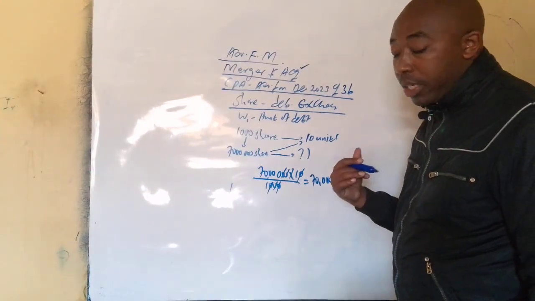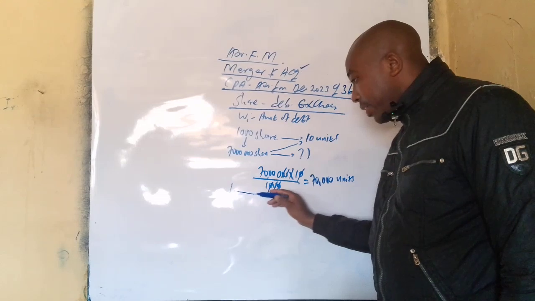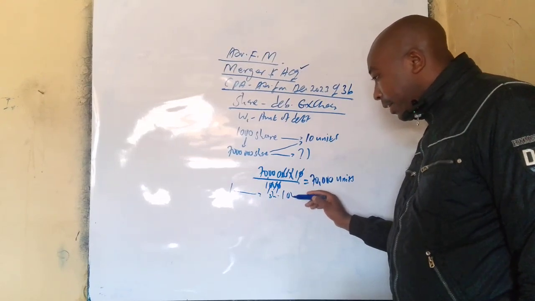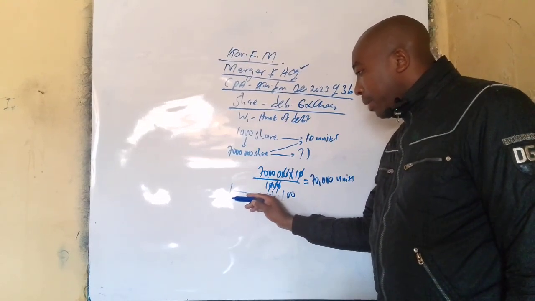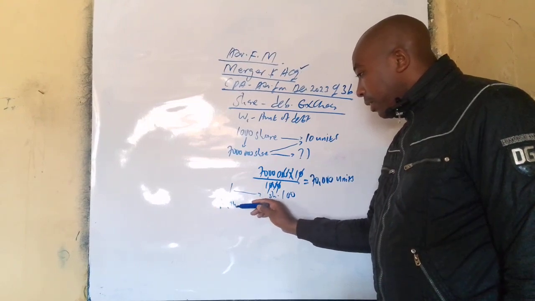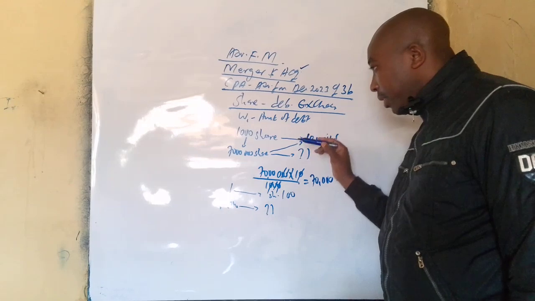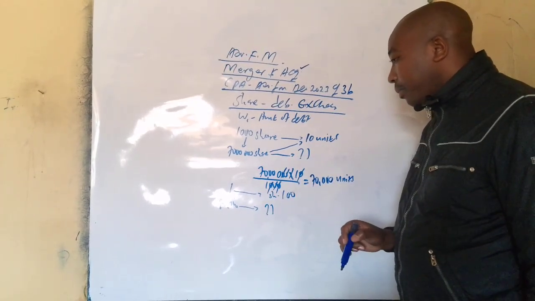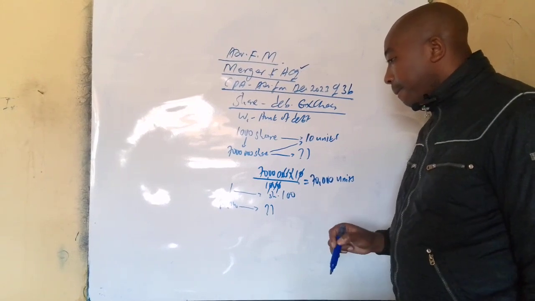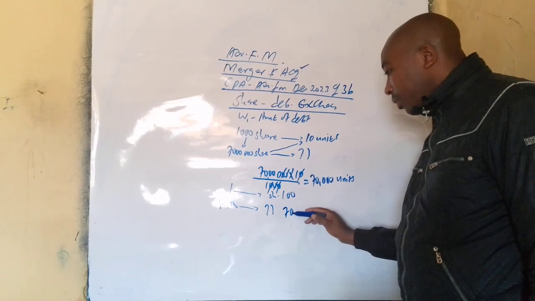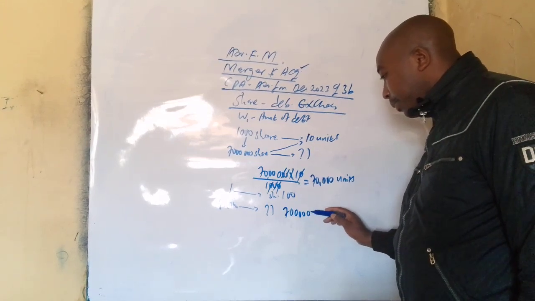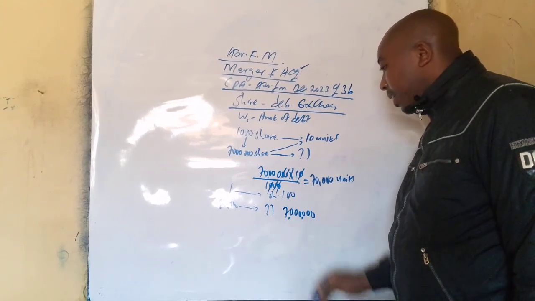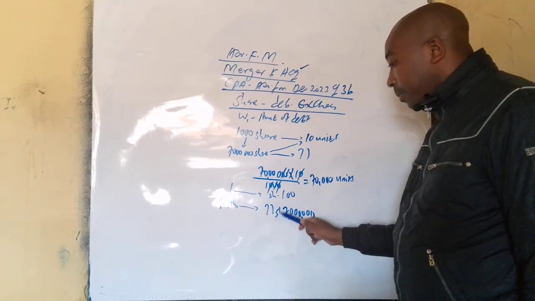We are being told the value of one debenture is shillings 100. So what about 70,000 debentures? How much will this be? Cross multiply. It will be 7 million shillings.